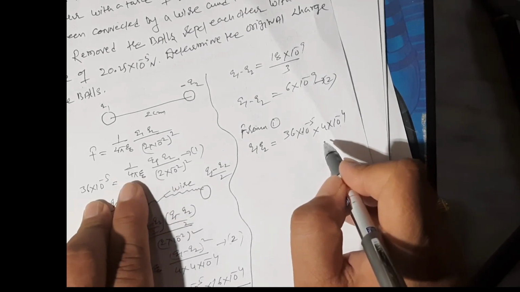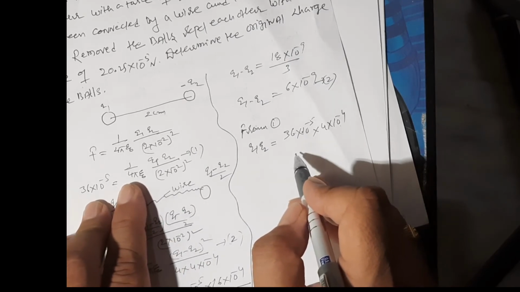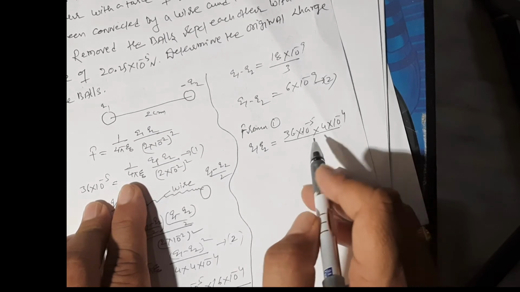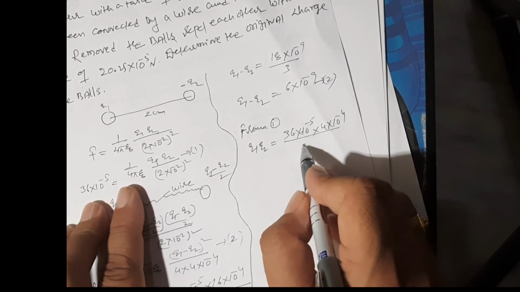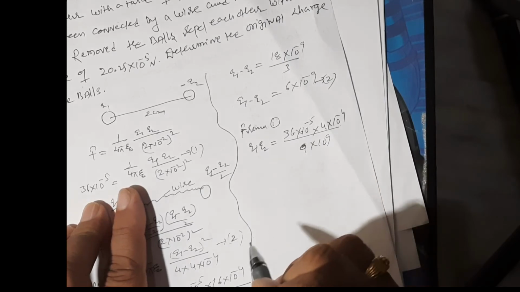Here 1 by 4 epsilon naught is equal to how much? 9 into 10 to the power of 9. So this will come to the denominator, 9 into 10 to the power of 9.